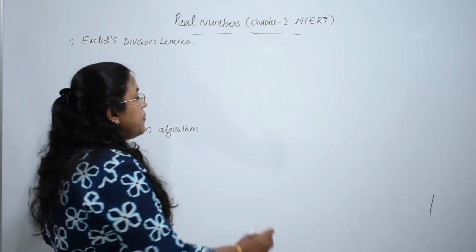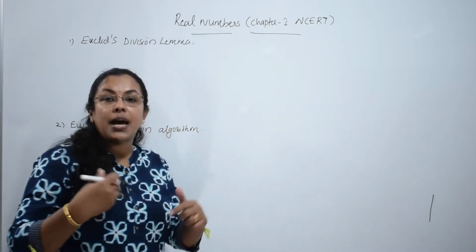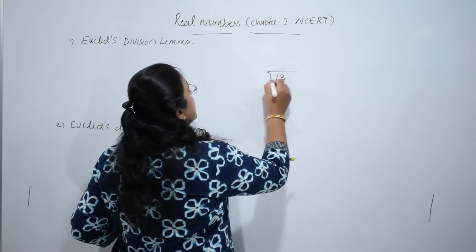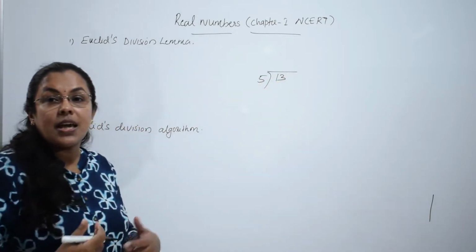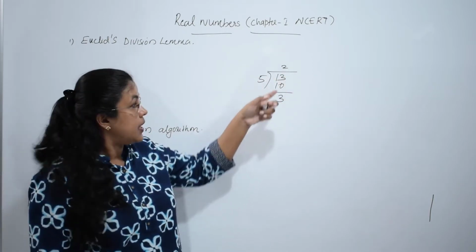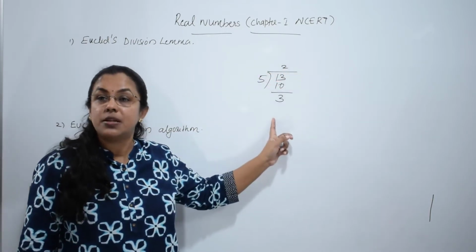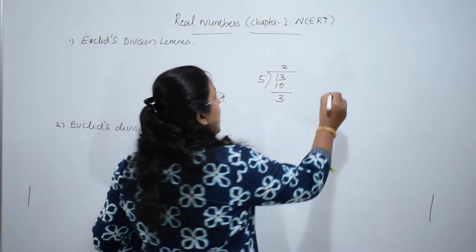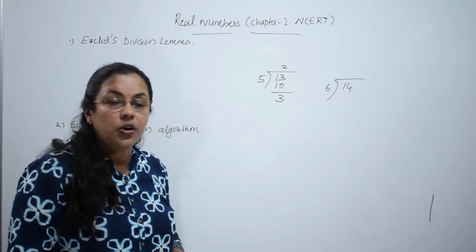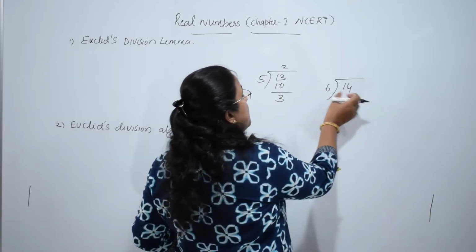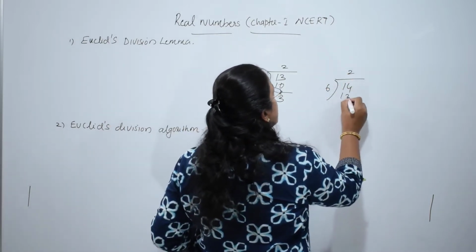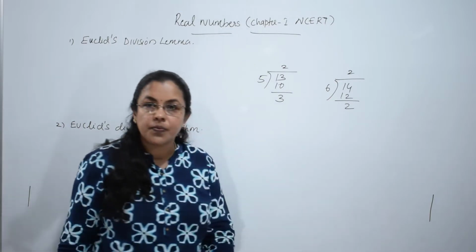We know if we divide a positive number by another positive number, suppose we are dividing 13 by 5, what is the answer? We get quotient 2 and remainder 3. If we divide 14 by 6, again one positive number by another positive number, 6 2s are 12 and the remainder is 2.